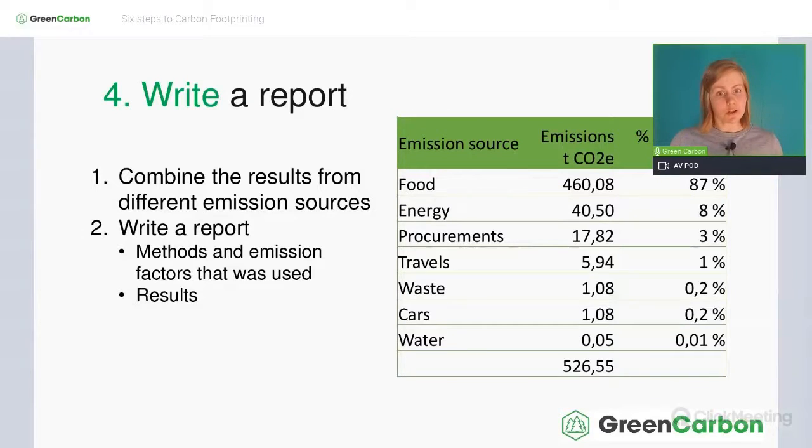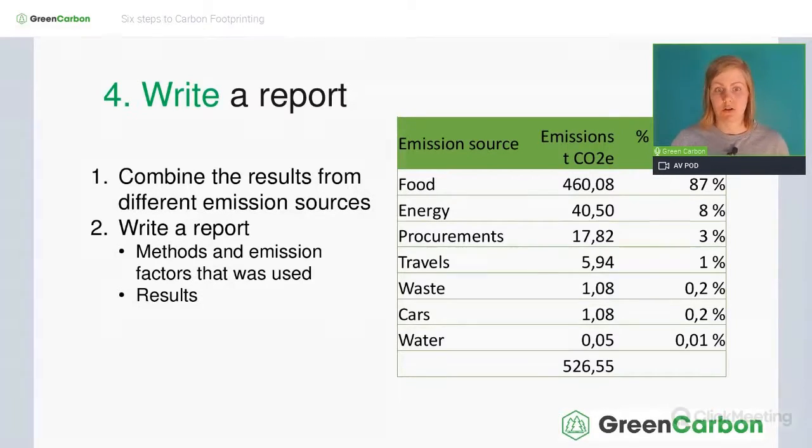So now you have the results, and then the results have to be combined. Here is a table; you can see one example in the case of a restaurant. There are the emission sources used, the absolute emissions, and the share of those emissions of the whole carbon footprint.